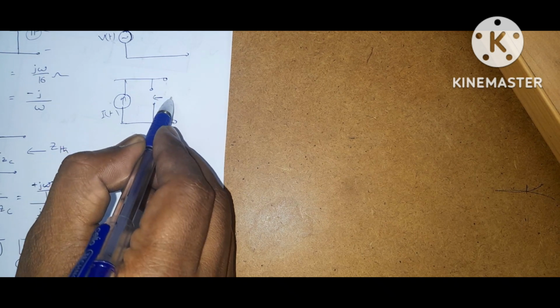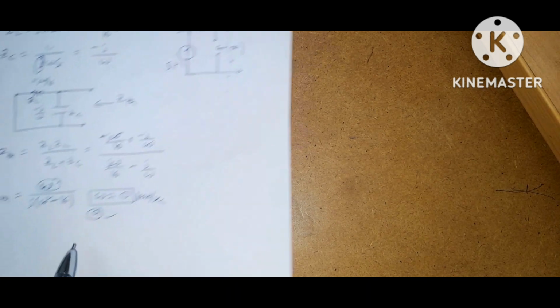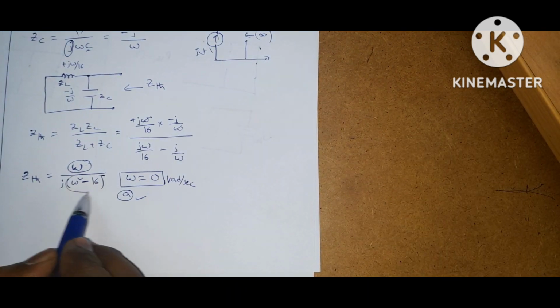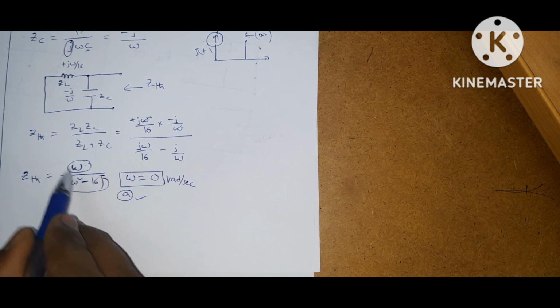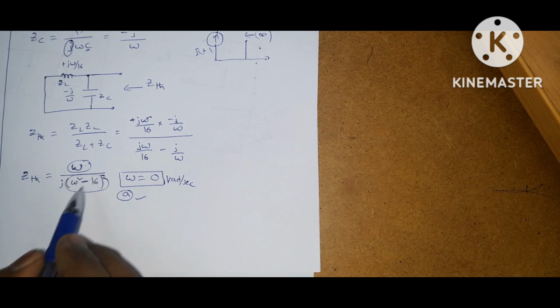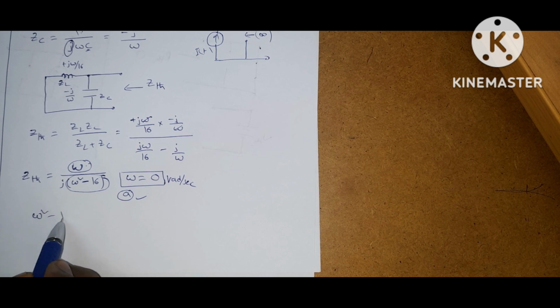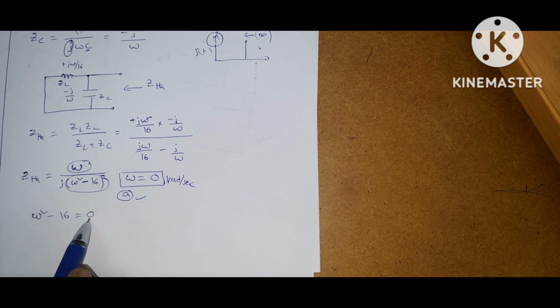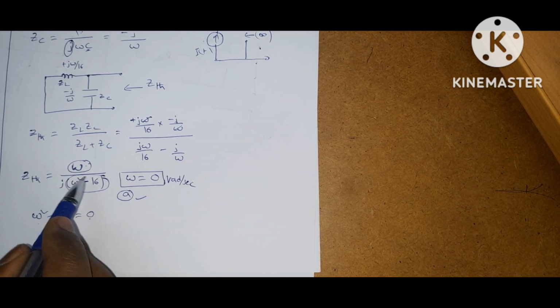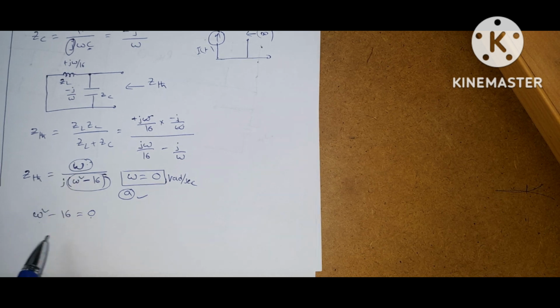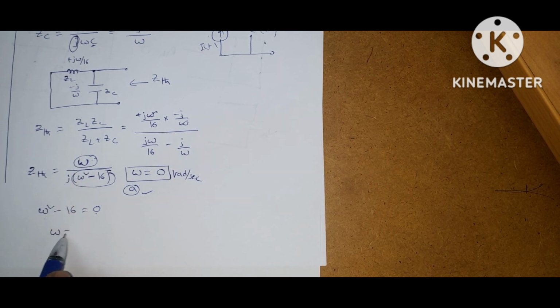Open circuit means infinity. When this impedance becomes infinity, if the denominator is 0, then impedance is infinity. If the denominator is 0 means omega square minus 16 equals 0. If this becomes 0, this entire term becomes infinity. So from this, what is omega? 4 radians per second.